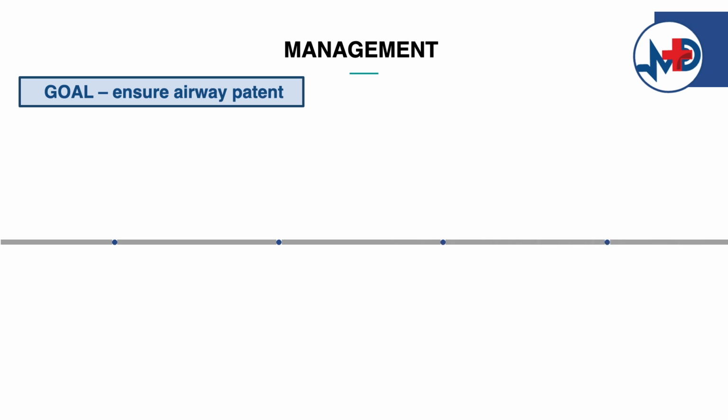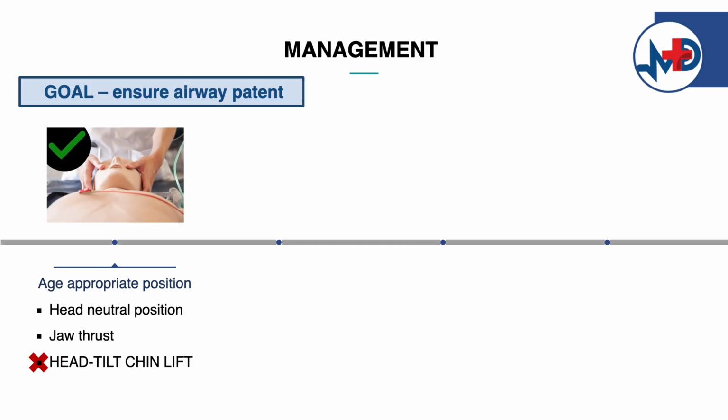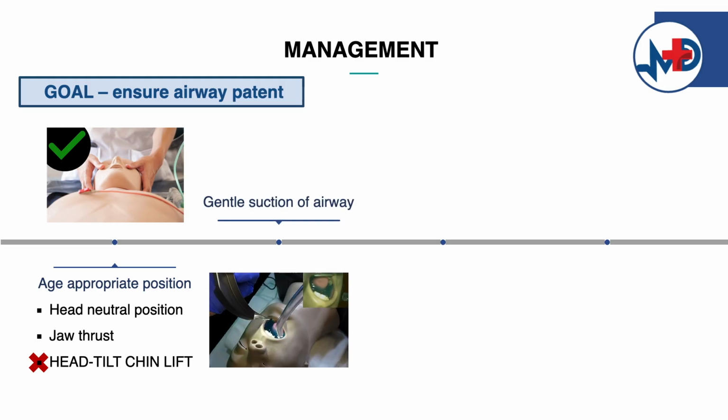You need to first put the patient in an age-appropriate position, where the head will be put into a neutral position. One thing to bear in mind is to never perform head tilt chin lift. Instead, a jaw thrust would be more appropriate. Next, apply gentle suction of the airway to remove any secretions, blood, or vomitus.